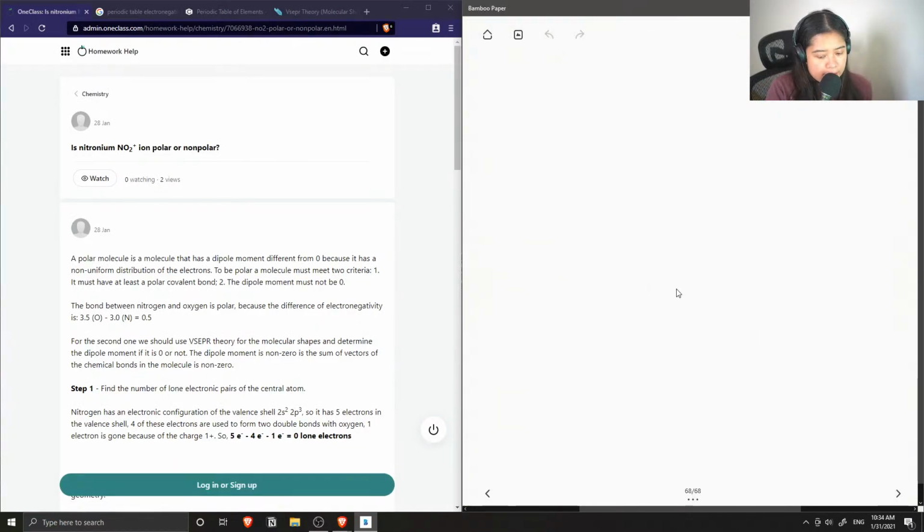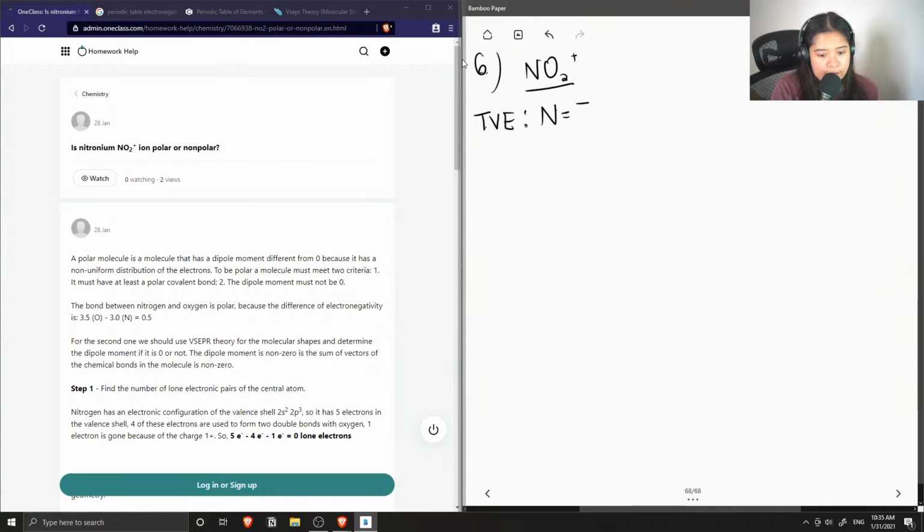Okay, so question number 6 asks, is nitronium NO2 plus polar or nonpolar? Okay, so first let's draw the Lewis structure for this ion. So we'll find the total number of valence electrons. So nitrogen has 5 and oxygen has 6.